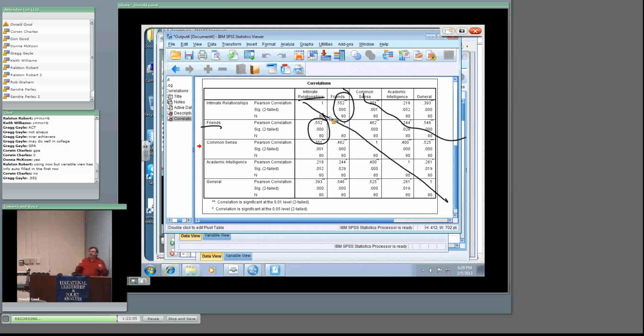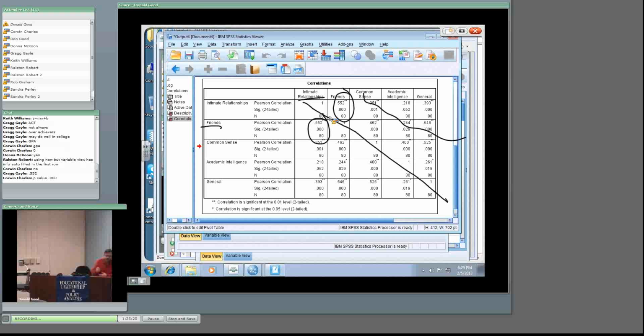Now, let me tell you something. This is a good place to say this. P is never 0. It's just that in this case, it shows zeros because it can only go out to 3 decimal places. We're never going to say P is equal to 0.